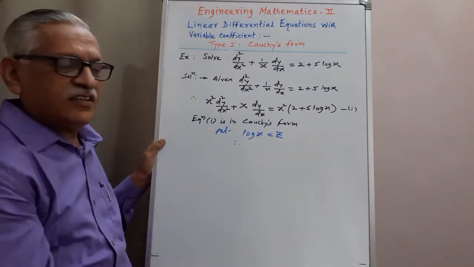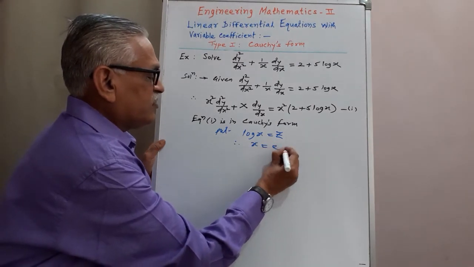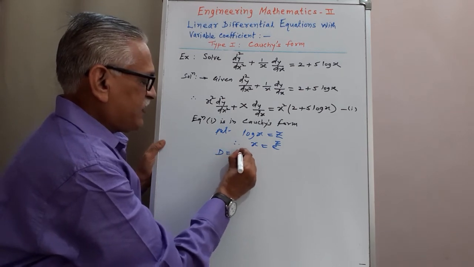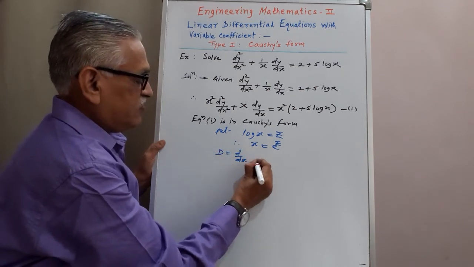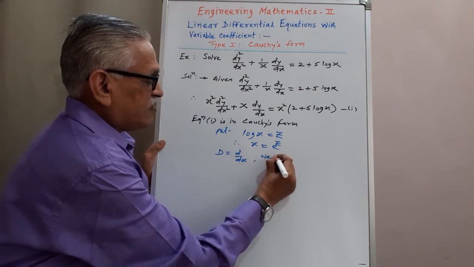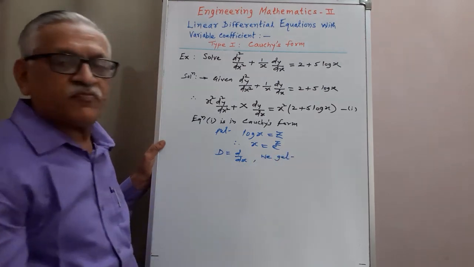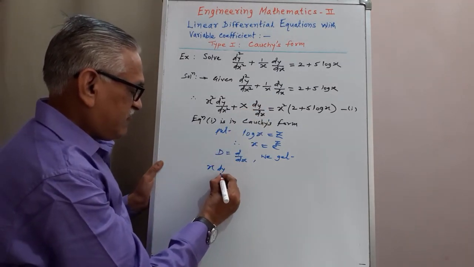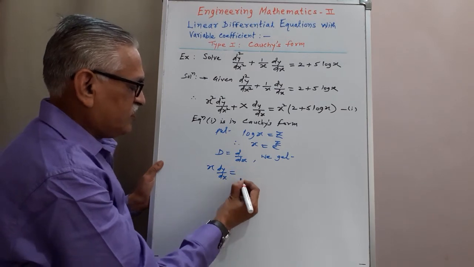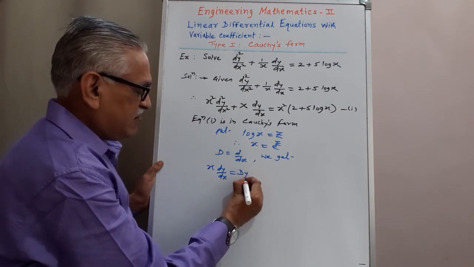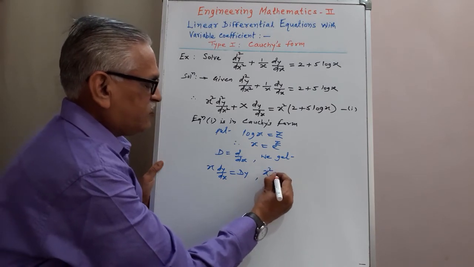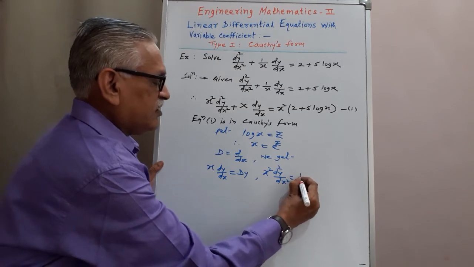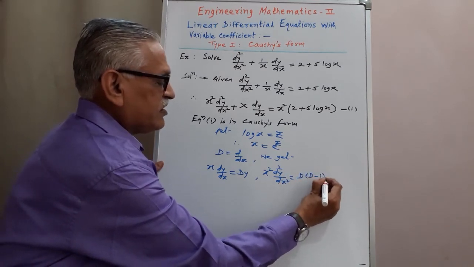Transferring log to the right hand side, we get x is equal to e raised to z, and using capital D for the operator d by dx, we have x dy by dx is equal to Dy, and x square d2y by dx square is D minus 1 into y.